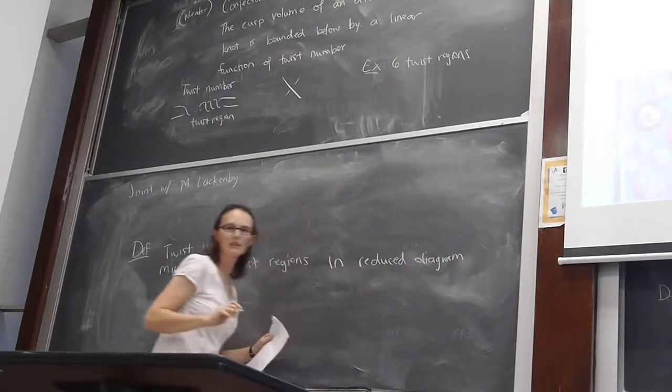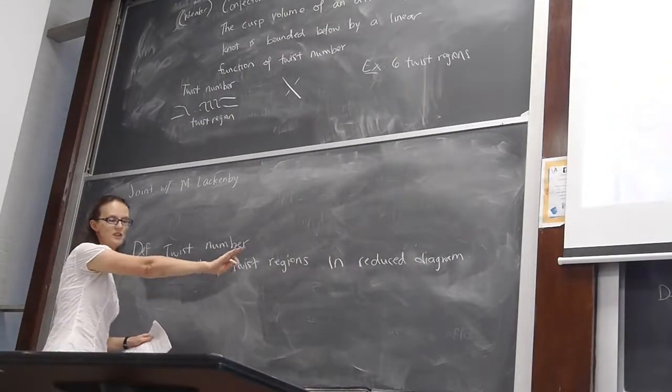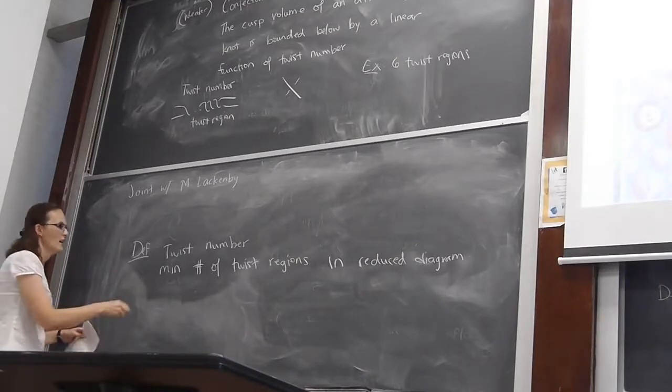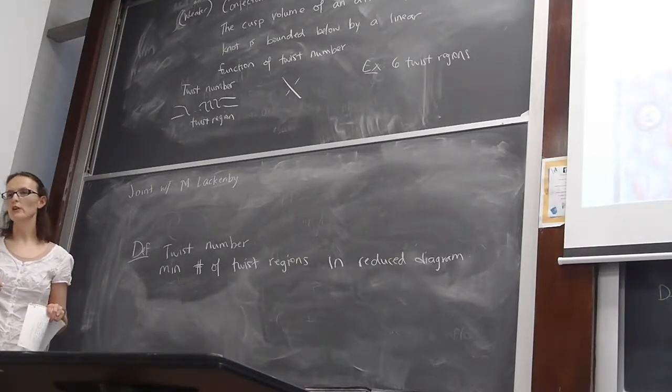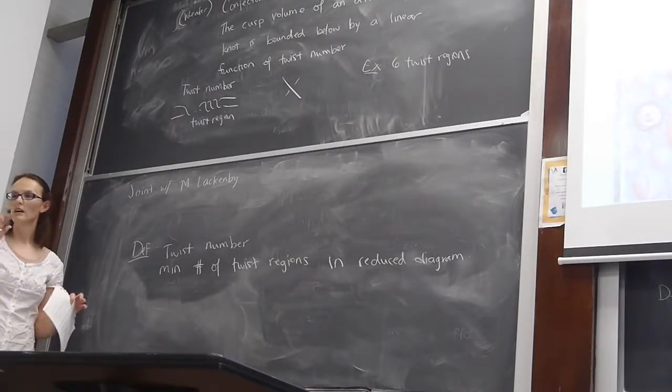Okay, and I won't need it for purposes of this talk, so I'm just going to brush the reducedness under the rug. But the diagrams that I'll be showing you for examples are all going to be reduced.